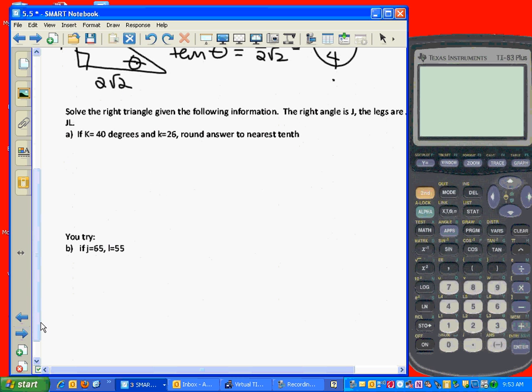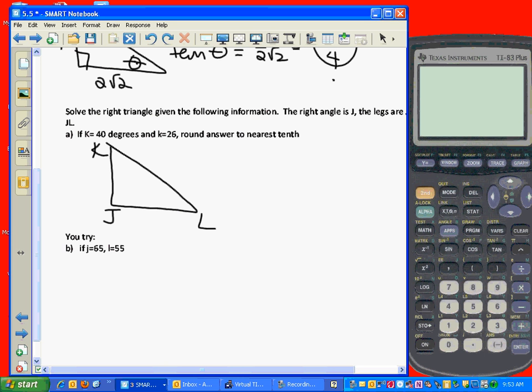All right, here we go. Solve the right triangle given the following. The right angle is J. My legs are JK and JL. Sorry, I got cut off over there.